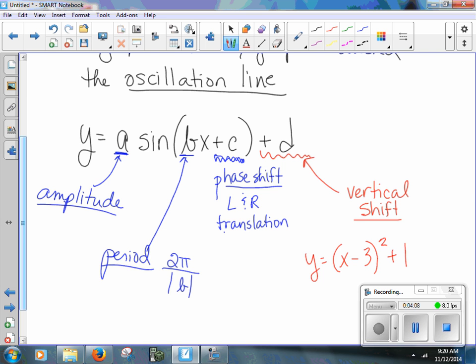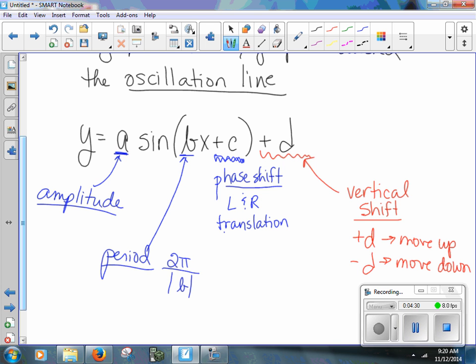Up 1, okay? If it were a minus 1, it would be moved down 1, right? Same thing for this. If it's plus D, then we move up. If it's minus D, we move down.